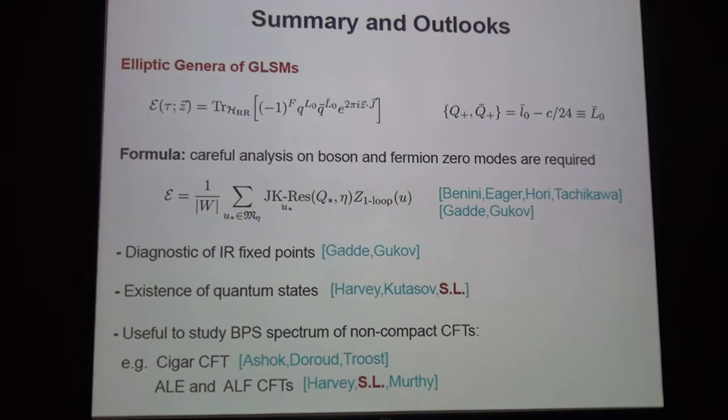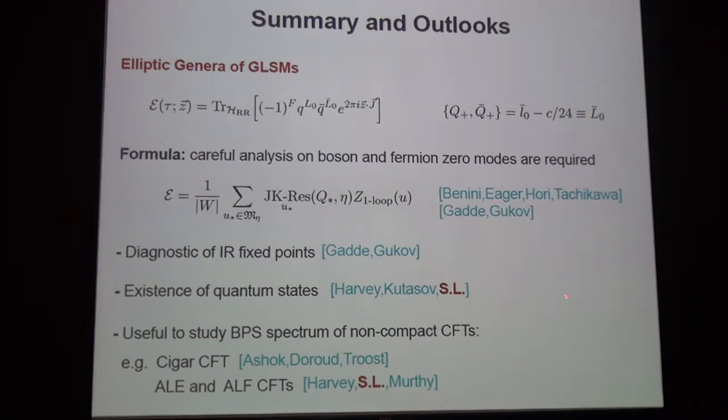But I found that it is also very useful to study the BPS spectrum of non-compact CFTs as well. This is because there are some non-compact CFTs, like the cigar CFT or ALE CFTs, which admit a gauged linear sigma model description. From there, we can compute the elliptic genus exactly for these non-compact CFTs.